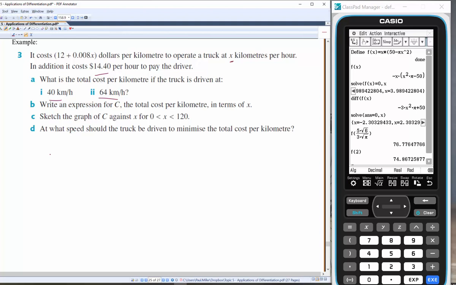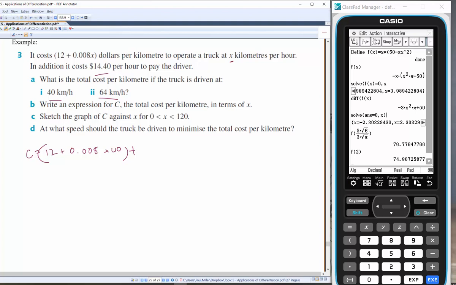Well, it costs this much per kilometre to operate a truck at x k's an hour. So it's going to be 12 plus 0.008 multiplied by 40, plus 14.40 per hour to pay the driver.